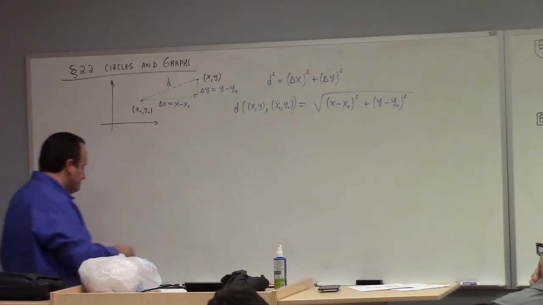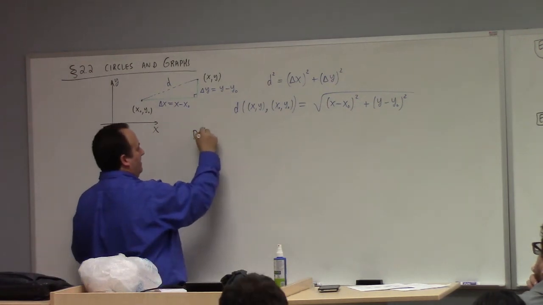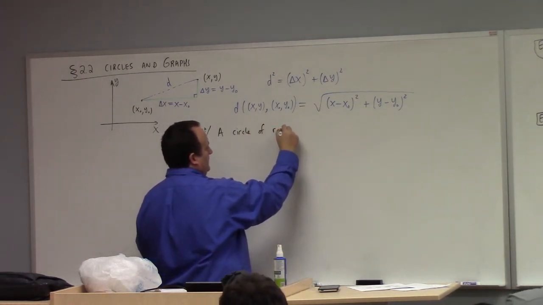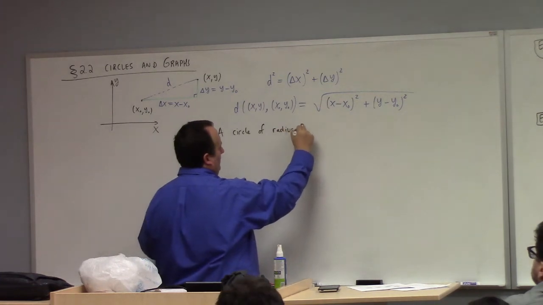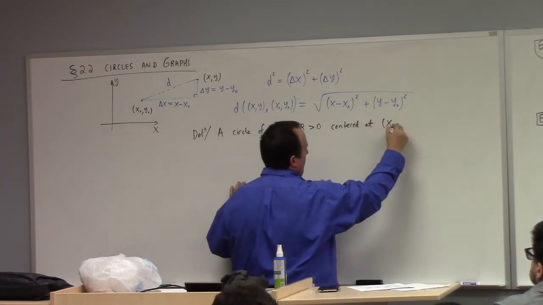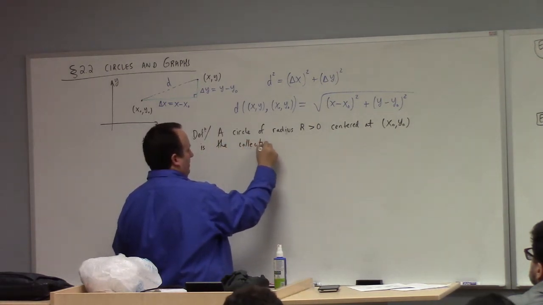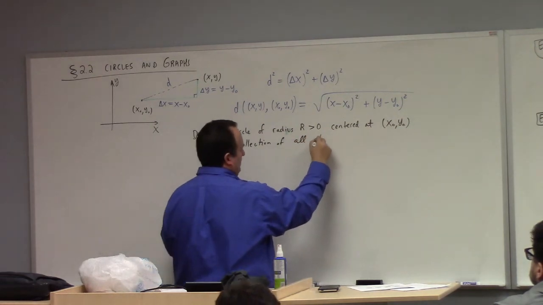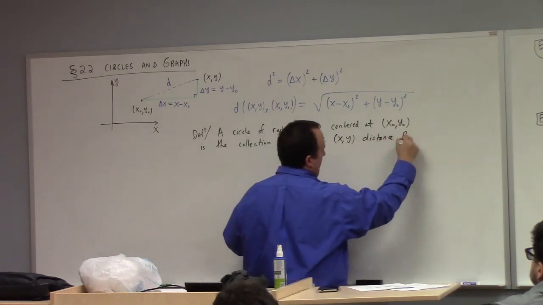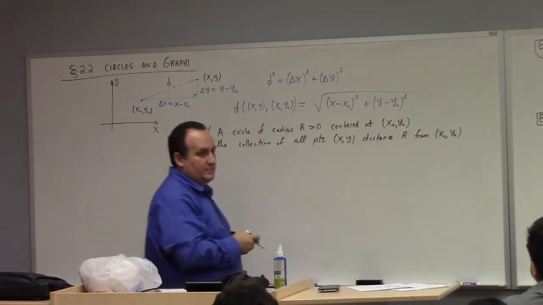What's the circle? So, definition: a circle of radius r greater than 0, centered at x naught, y naught, is the collection of all points x comma y, distance r from the center, right?